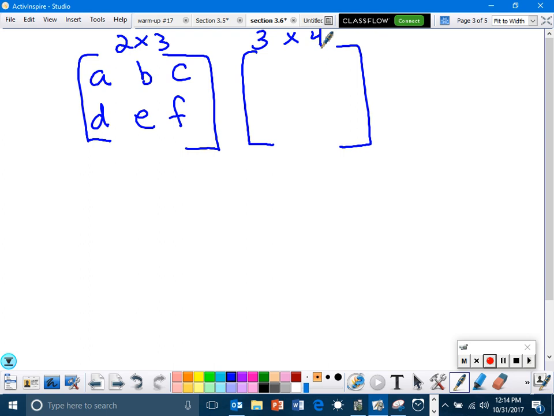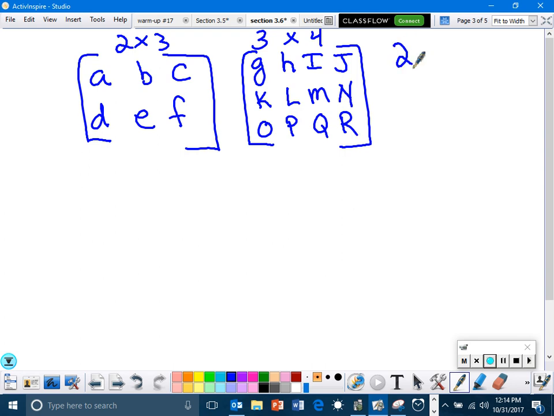So I'm going to keep going alphabetically here. So G, H, I, J, K, L, M, N, O, P, Q, R. All right, so first of all, again, I've got a 2 by 3 and a 3 by 4.